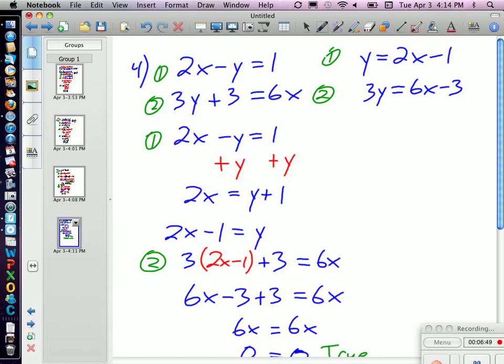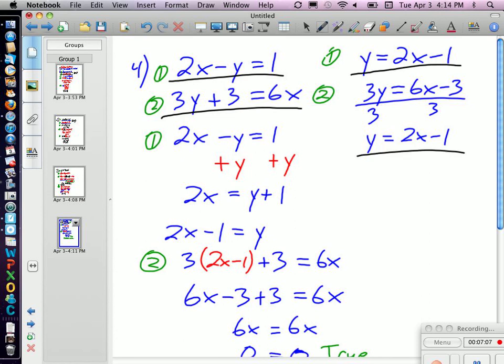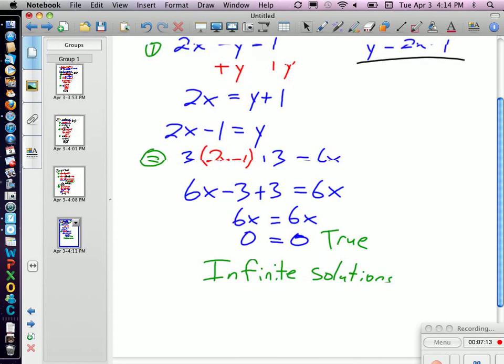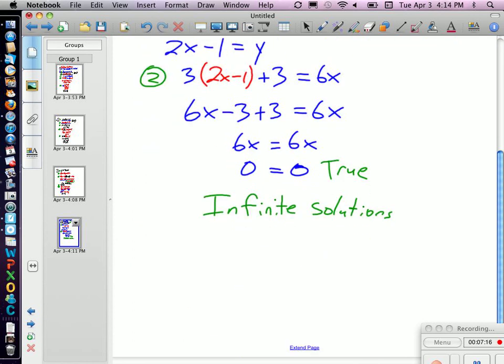Divide everything by 3, and we get y equals 2x minus 1. Aha! Tricky. So these are the same equation. It looks different because they got the y's and the x's switched around to trick us, but these are the exact same. That's why there's an infinite amount of solutions, and that's why we get two numbers being equal.